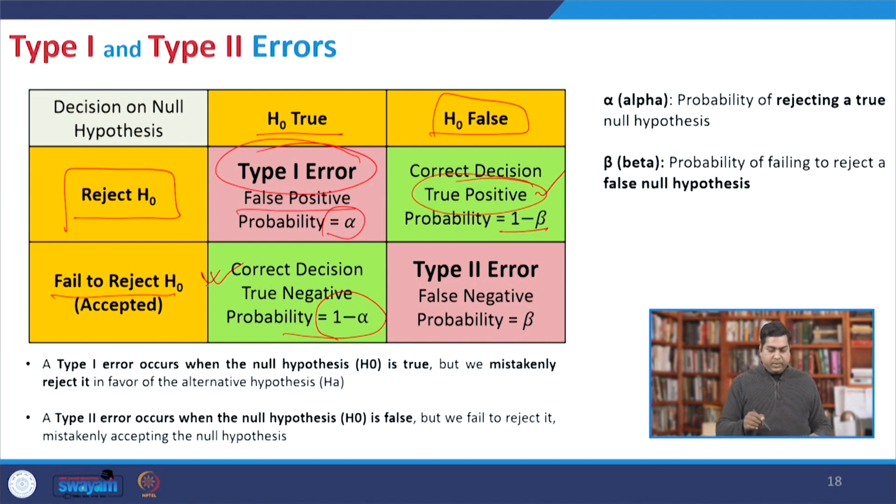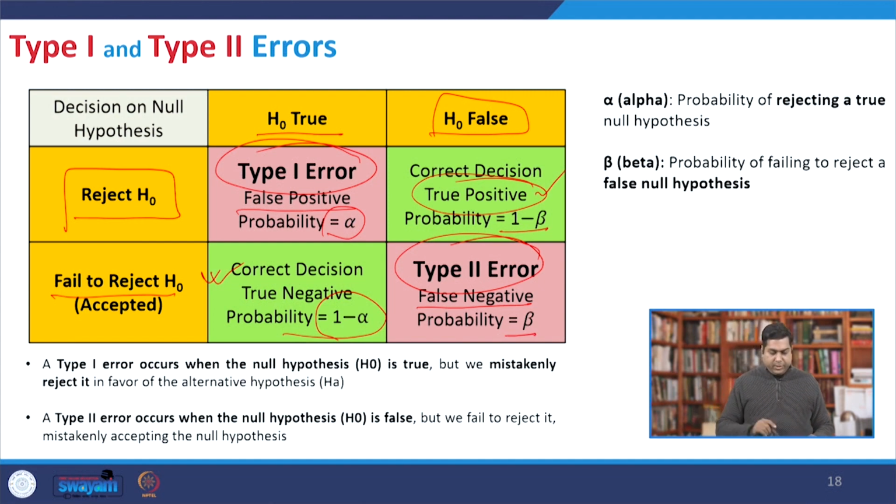Now, in the case where the null hypothesis is false, you have to accept the alternative hypothesis. But if you fail to reject the null hypothesis, knowing that it is actually false, then you are making a type 2 error, also referred to as a false negative, and the probability is beta.